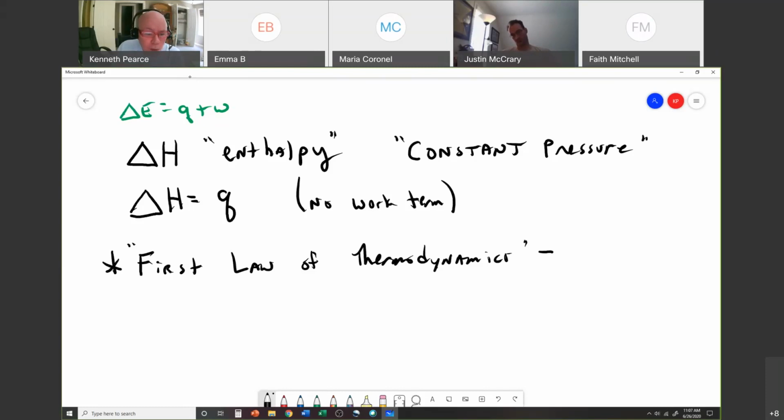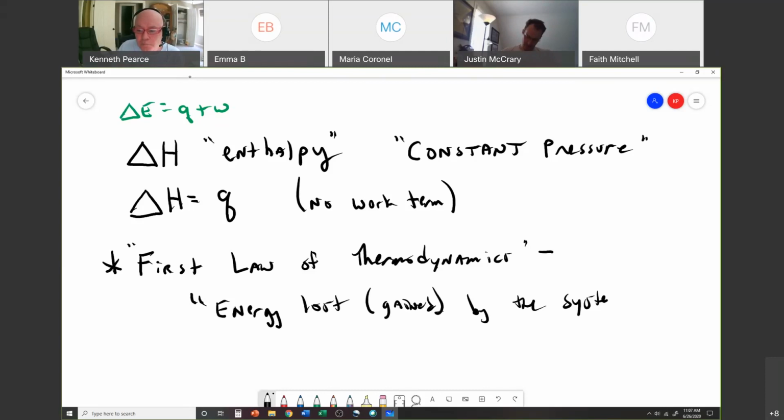And so one way of stating it is: energy lost or gained by the system equals energy gained or lost by the surroundings.